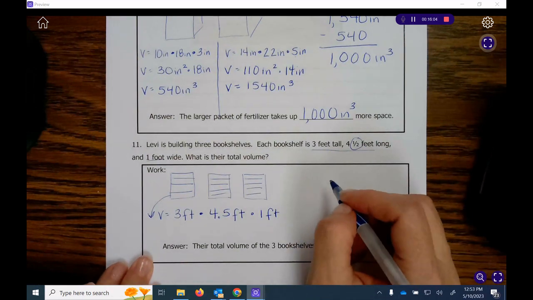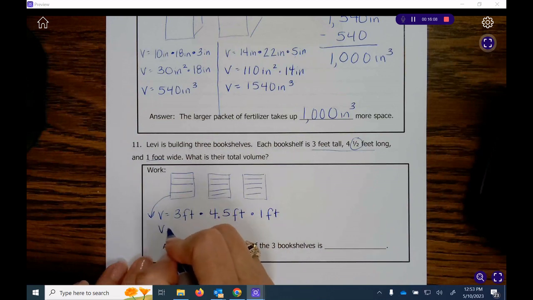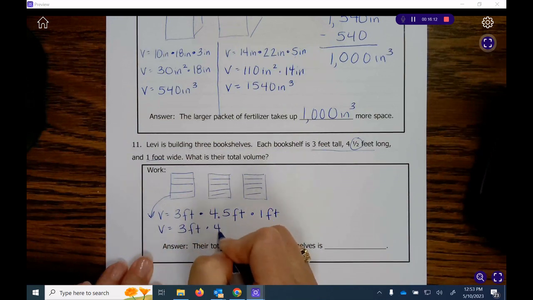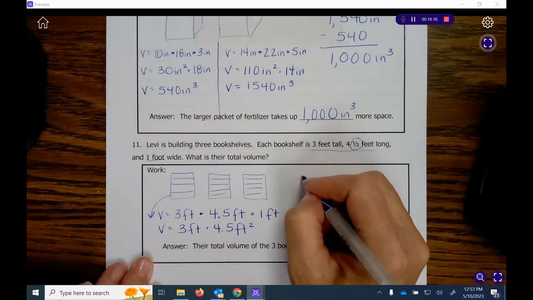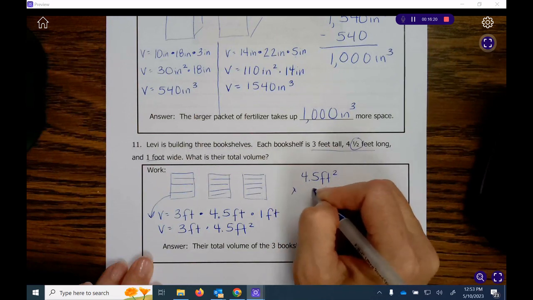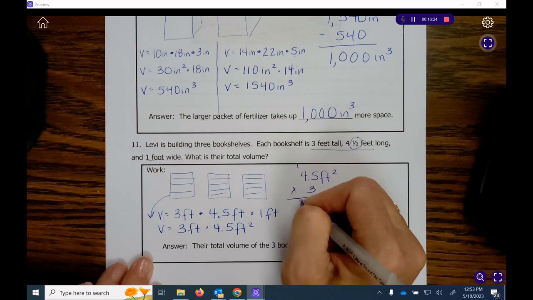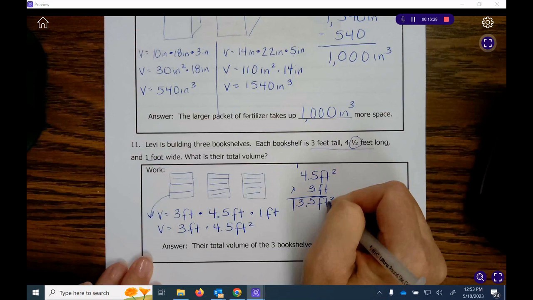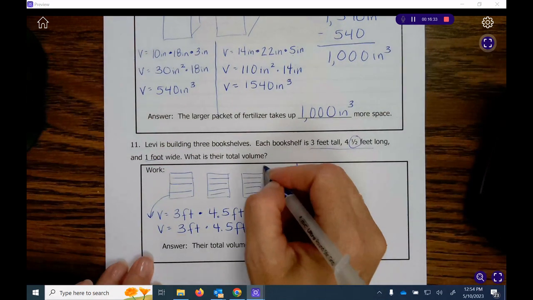So I'm going to do 1 times 4.5, so volume equals 3 feet times 4.5 feet squared. So we have 4.5 feet squared times 3, 13.5 feet cubed.